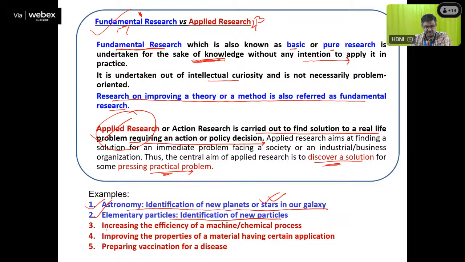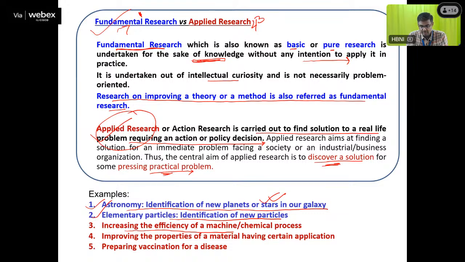Further, other examples, and this is just the textbook example: increasing the efficiency of a machine. For mechanical engineering, there is a defined efficiency of a certain machine, and your research is devoted to increasing the efficiency of that machine.